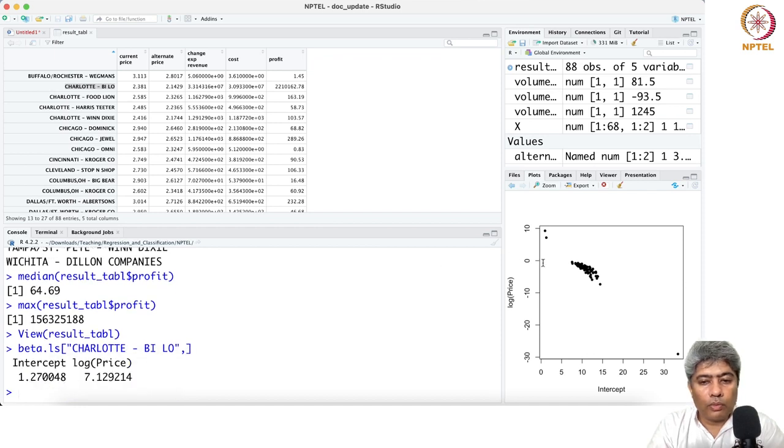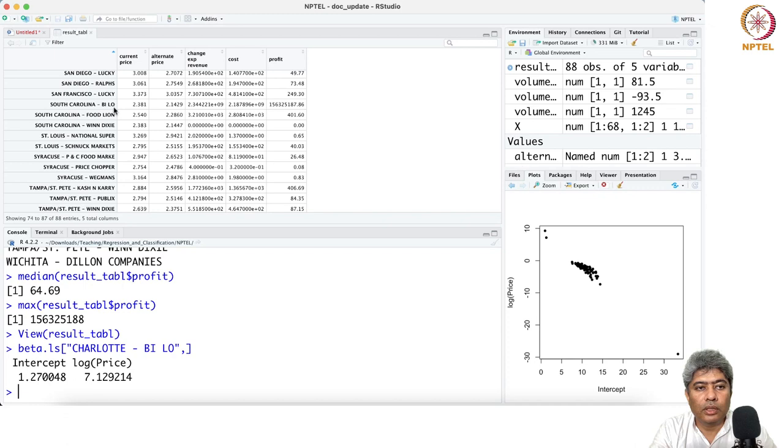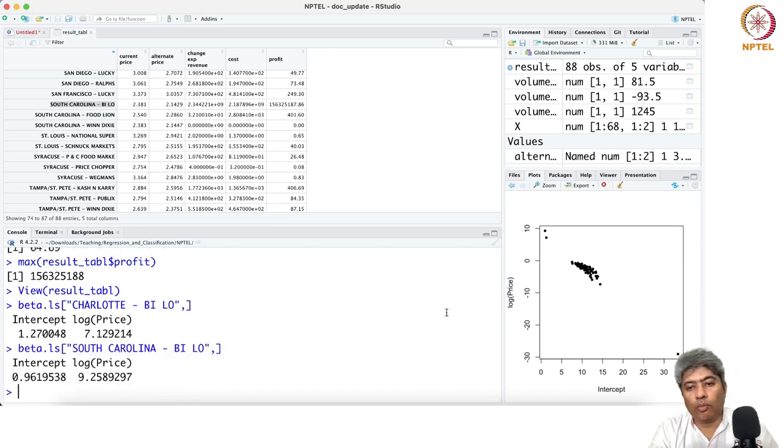Yeah, so 1.27 is somewhere here, and 7 point something on the log price. So these two guys here, I'm pretty sure they are giving us the problem. So if I just put it there, yeah, 0.96 and 9.5.